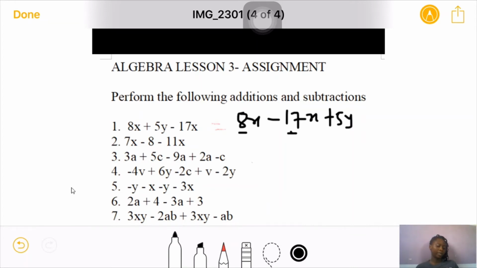So how much will be left? So I'd have negative 9x plus 5y. That's my answer.